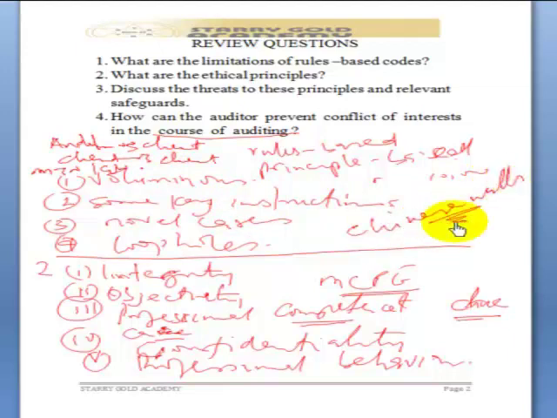Create a virtual Chinese wall between the two teams, such that their working papers, their materials, everything about the teams must be physically separated. The members of the team must be physically separated. Their working papers must be physically separated. This will go a long way in reducing the conflict of interest.